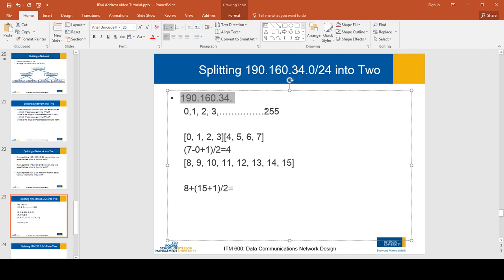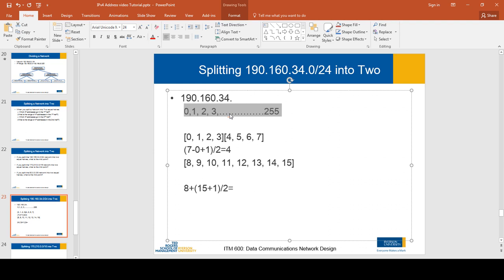It goes up to .255 is the last IP. So I would say the range of IP addresses starts from .0 and goes up to .255, but keep in mind that the first 3 octets are 190.160.34.